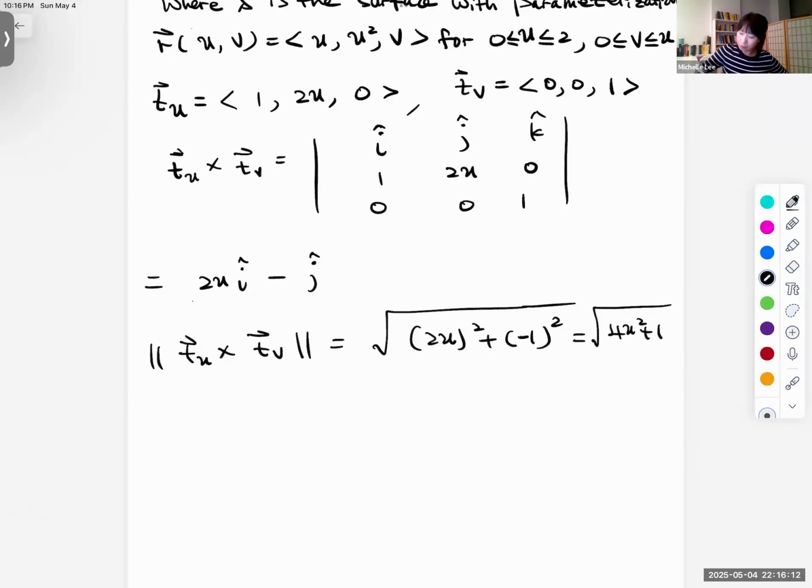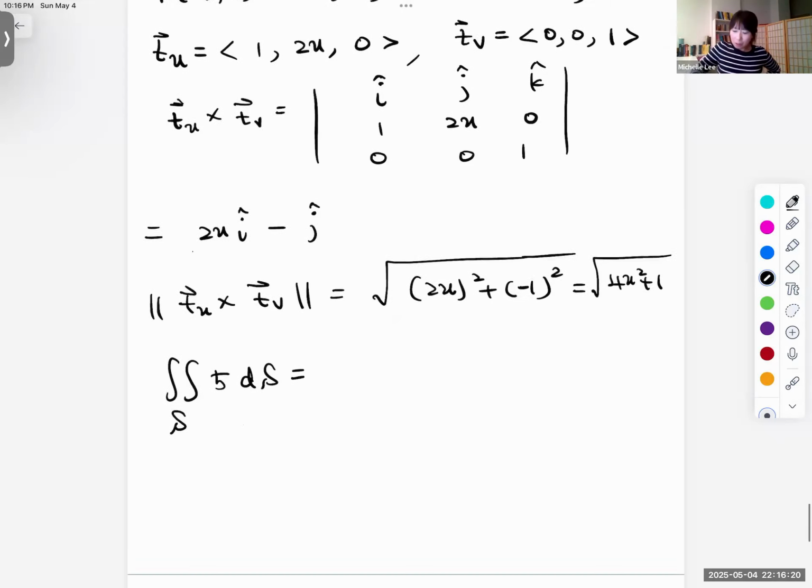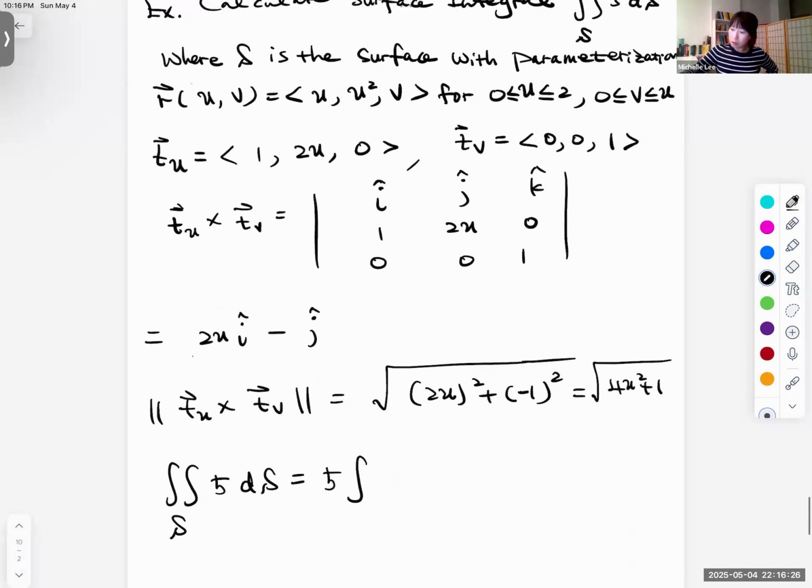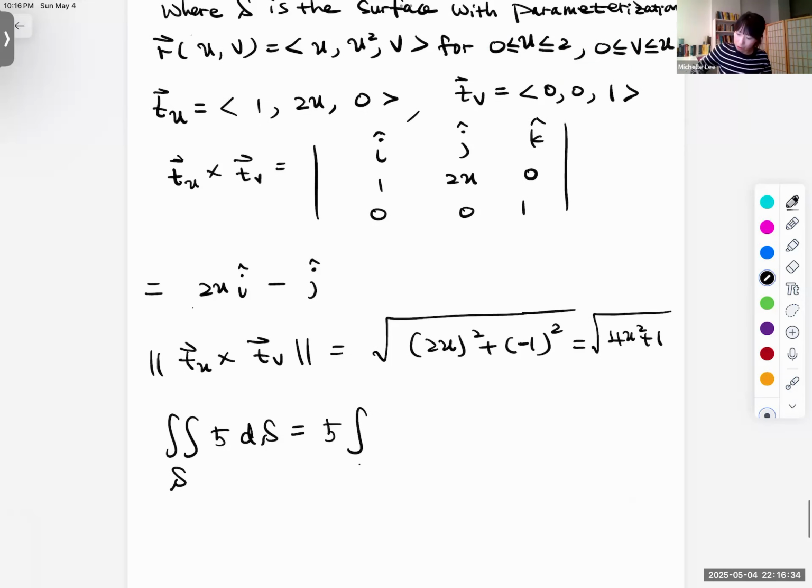So we have the double integral of S, 5 dS. We keep the constant, and the limits: this one first and this one second. So u equals 0 to 2, and v equals 0 to u.